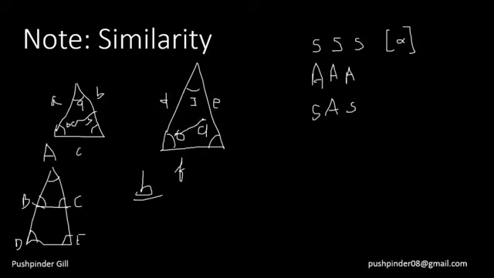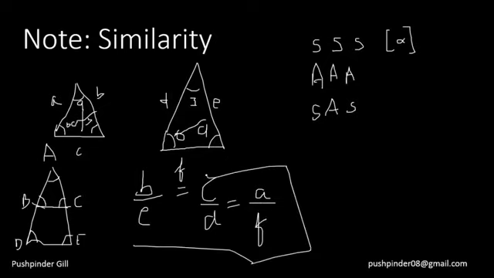E. Similarly, what is opposite to 90 here? C. And here? D. Similarly, what is opposite to 30 here? A. And here? F. So this is the relationship that will come out if two triangles are similar.